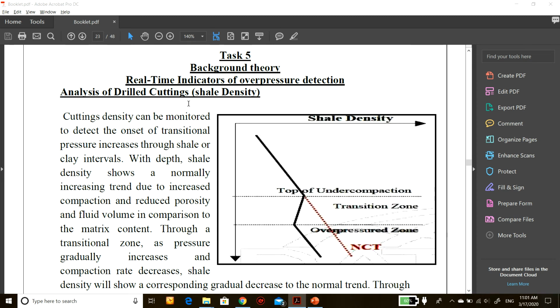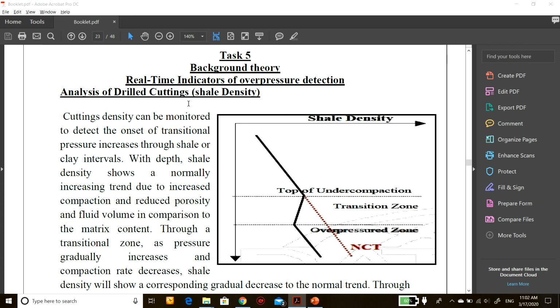Okay, to explain what we want to say at this point, you need to imagine that we have a normal trend for shale density or cuttings density. As the depth increases, compaction will increase, and logically density will increase. But the overpressure zone may be shale, but still confined and has a certain amount of fluid, and this fluid is confined.